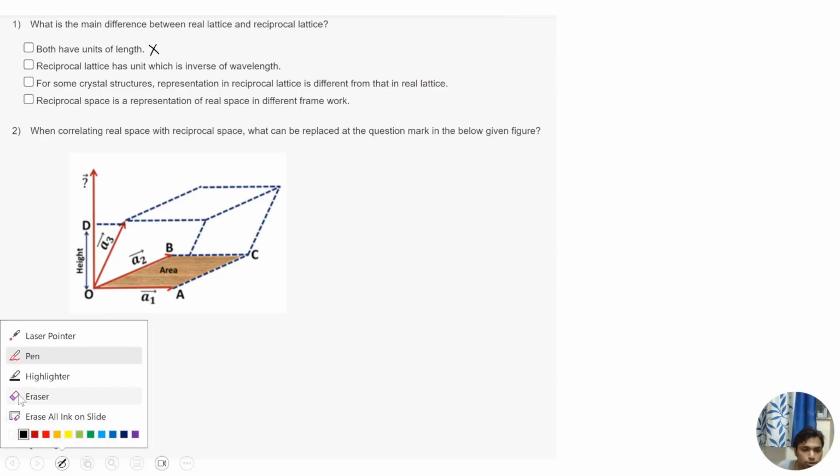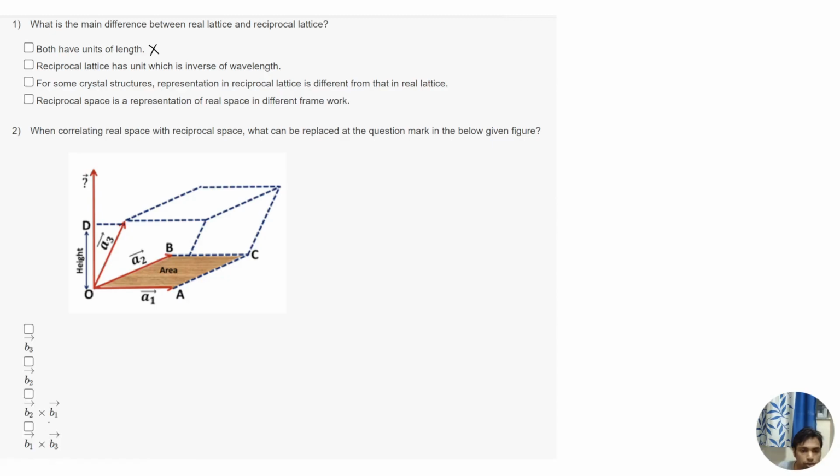Because a real lattice will have a length unit of L, and the reciprocal lattice will have unit L inverse. The reciprocal lattice has unit which is inverse of wavelength. So this statement is true, because lambda comes in the denominator.